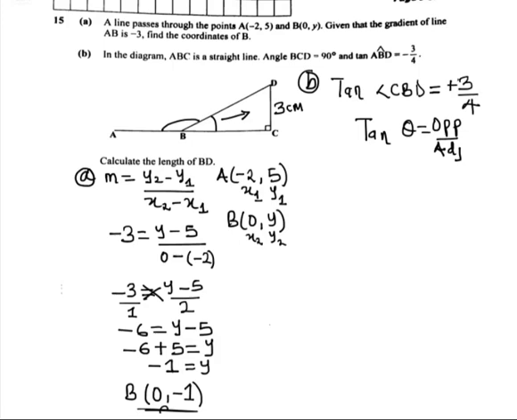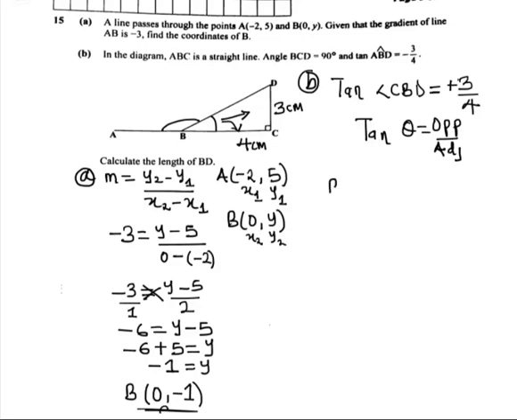Then the side adjacent to the angle CBD is the side CB, so we are going to put it as 4 centimeters. Then to get the length BD, we use Pythagoras theorem, since we've noticed that the triangle CBD is a right angle triangle.